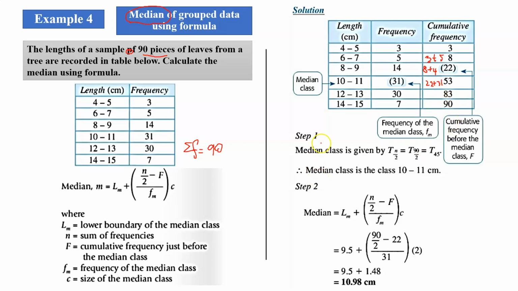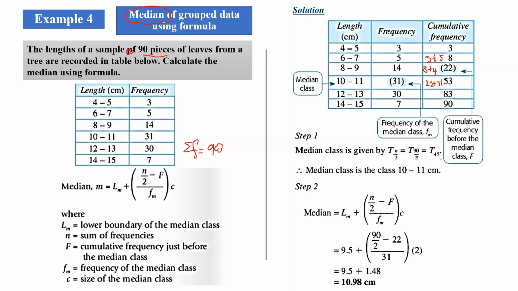Then, step 1. The median class is given by n over 2. This is the formula untuk yang ni. So you have 90 over 2. 90 over 2 is sarapan yang ke-45, the 45th observation.